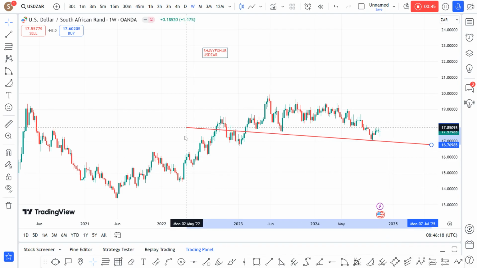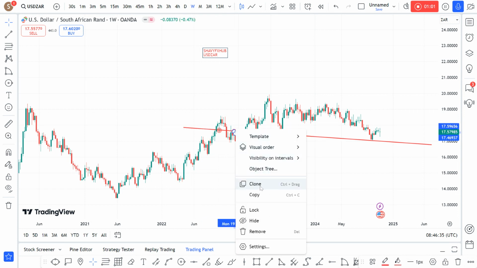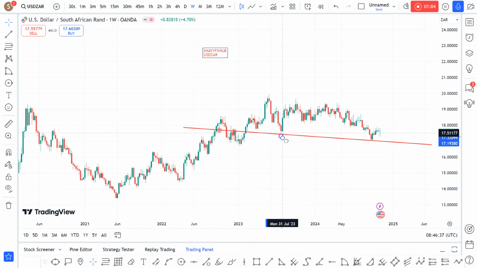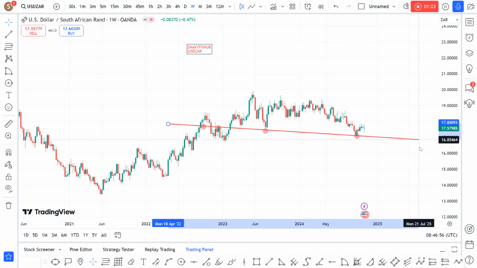This is a strong structure where we have support structure, break of a support structure, retest, and break of a supply with price returns on demand one and on demand two. So we like this structure, we want to keep it.